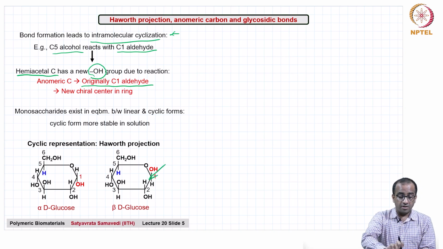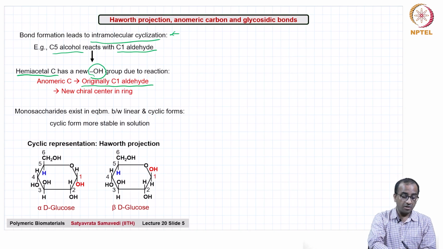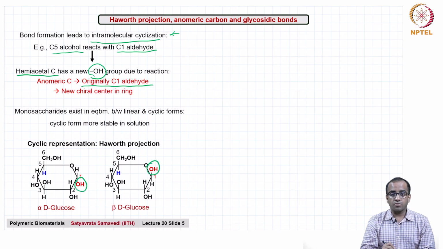And this carbon, which was originally an aldehyde on the previous slide, has now, because of internal bond formation and cyclization, become a new chiral center with a new hydroxyl group that sticks out. And it so happens that this chiral center can lead to two different isomers called anomers based on the placement of the hydroxyl group here. So this is called the Haworth projection or the cyclic representation of the glucose that we saw in the Fischer or the linear form on the previous slide.